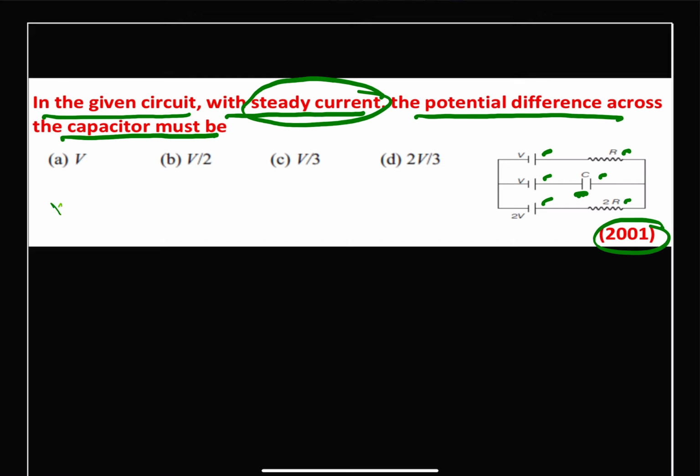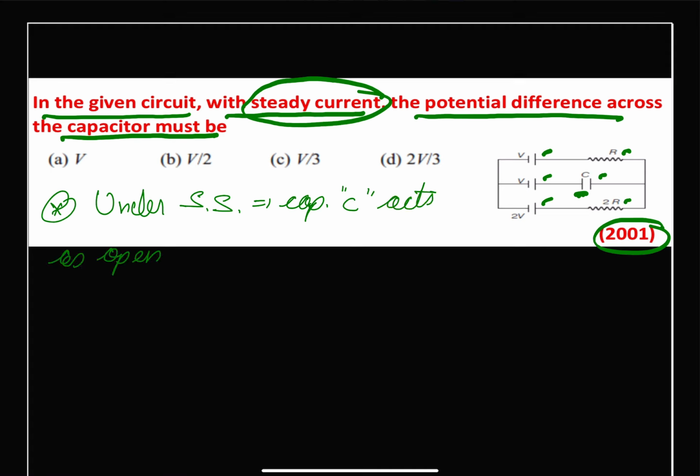And we know that under steady state condition the capacitor will be acting as an open circuit. So you can say that under steady state, capacitor C acts as open circuit. Therefore we can say that the current flow through the capacitor C will be equal to 0. So we can just redraw the circuit.